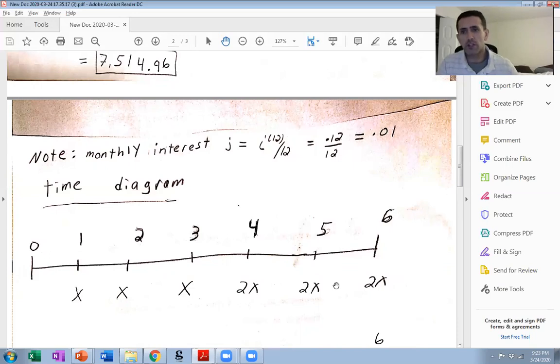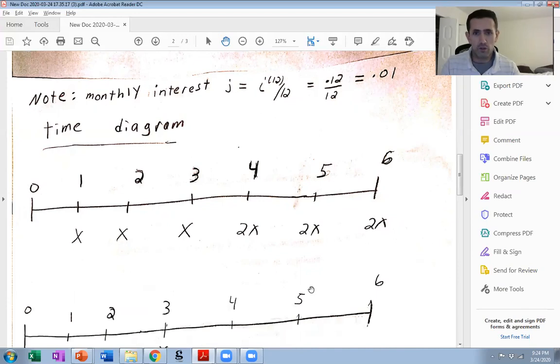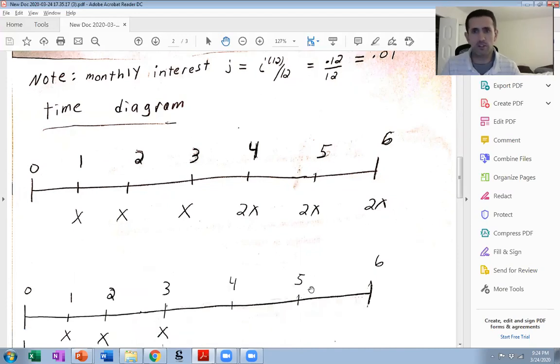We either need to know the 5th and the 6th loan payment to use the prospective method, or we need to know the 1st, 2nd, 3rd, and 4th loan payment in addition to the loan value. We do have the loan value, it's a $1,000 loan. But either way, we need to know what X is. So let's just set up an equation of value like we've done dozens of times.